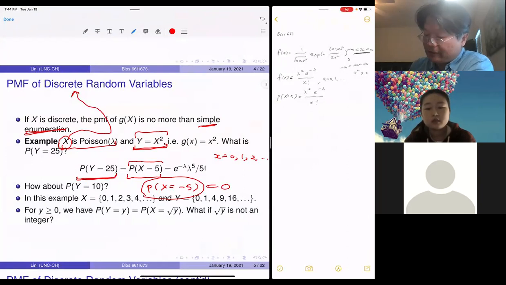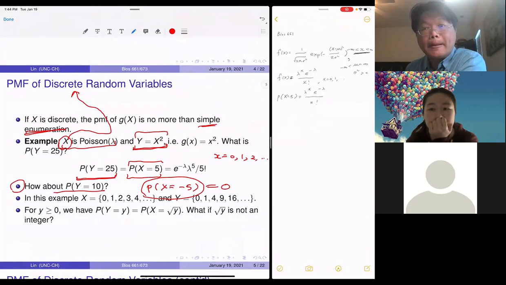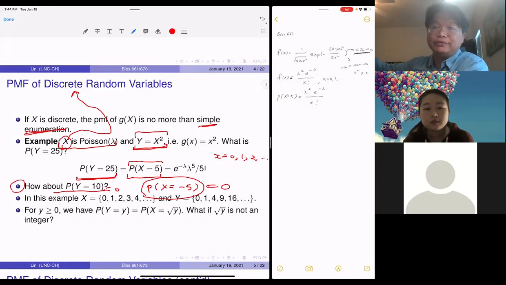One minute left. Let me finish the slides. How about Y is 10? How about its probability? Answer is what? Yep, thank you. Sam, thank you. I see the chat. 0, exactly. Why is it 0? Because when your X is 0, 1, 2, 3, they are integers. When you take the square, nobody is going to be 10. X squared is 0, 1, 4, 9, and then 16.